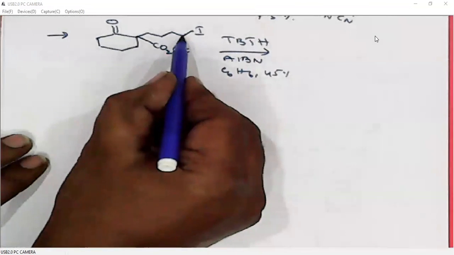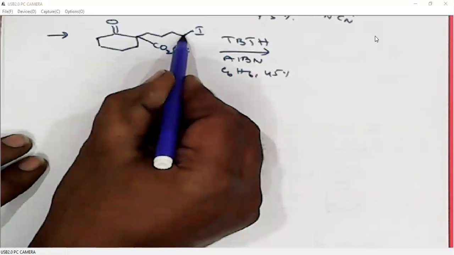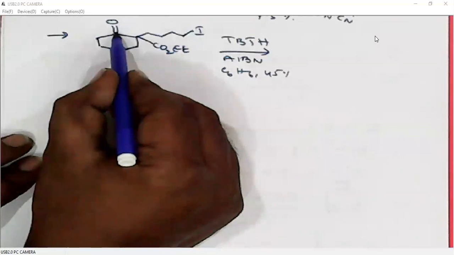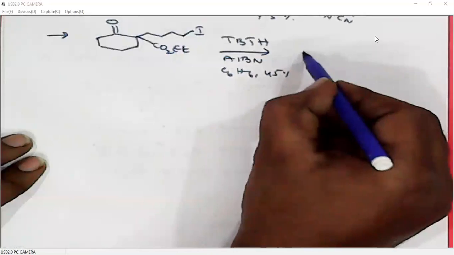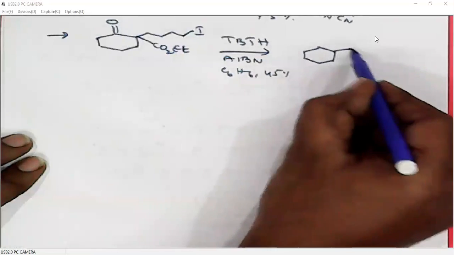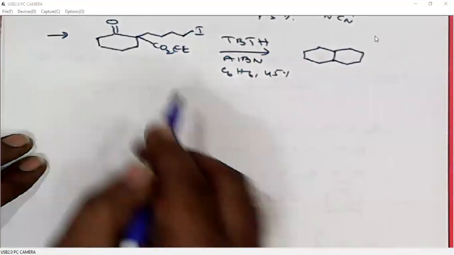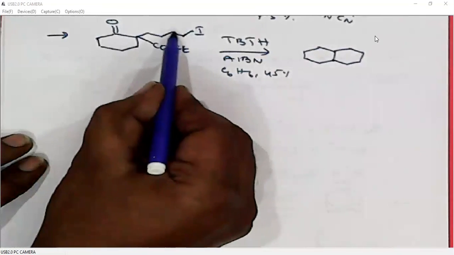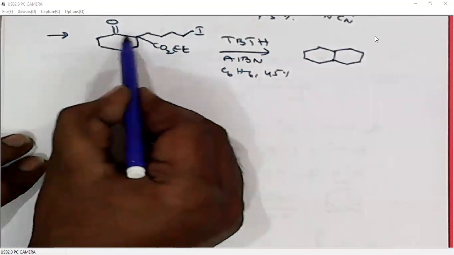The initially generated radical will undergo cyclization with this carbonyl. So it generates a fused cyclic system. Count the ring size 1, 2, 3, 4, 5, 6.